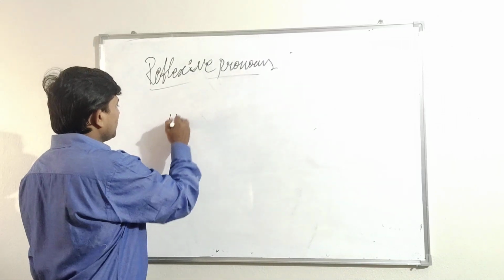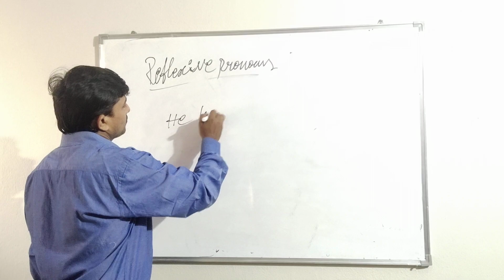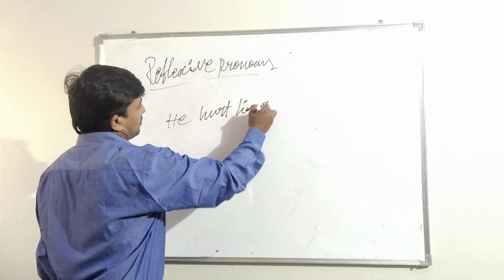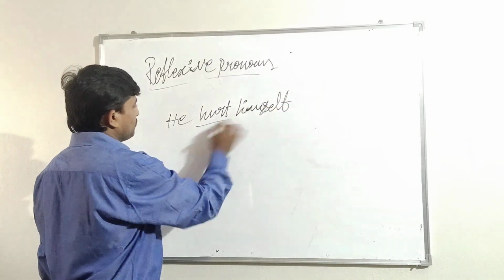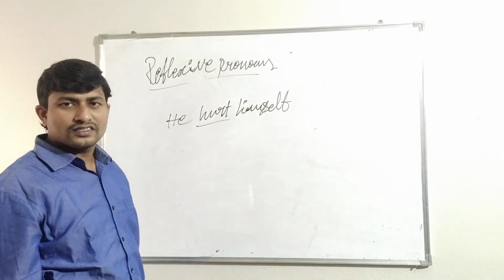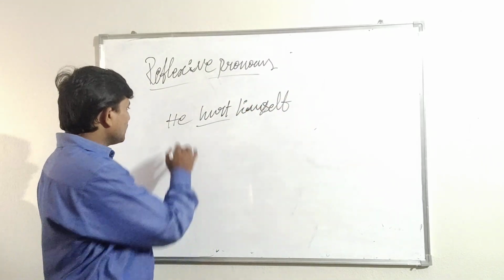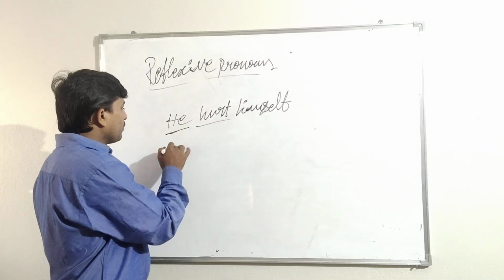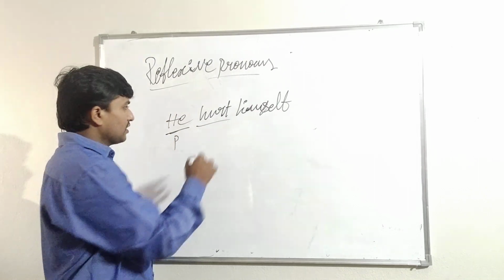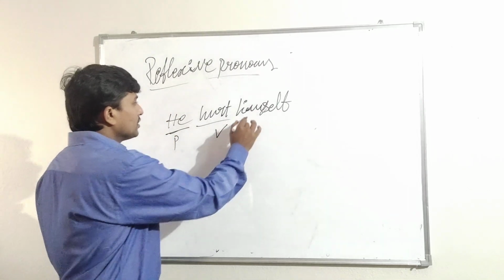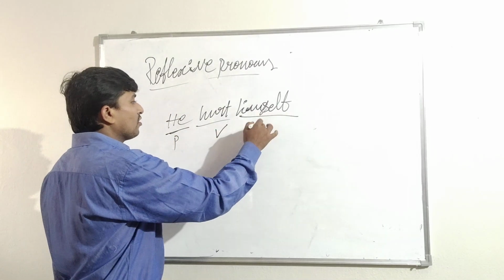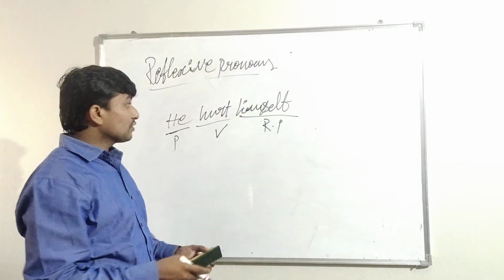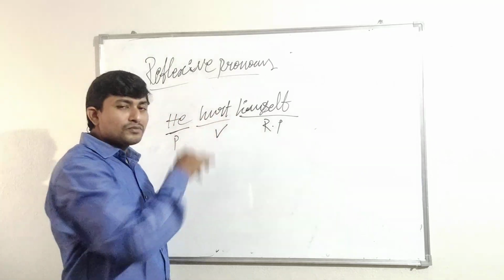See here, he hurt himself. What is here? He is a pronoun we discussed. Hurt is a verb. Himself is also a pronoun, but particularly it is a reflexive pronoun. So he hurt himself.